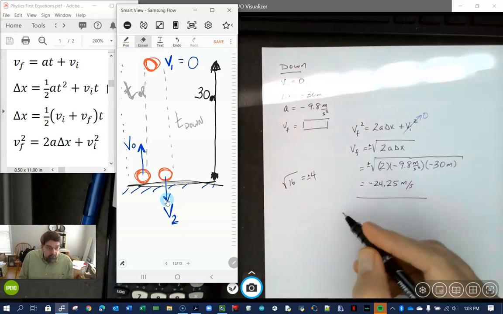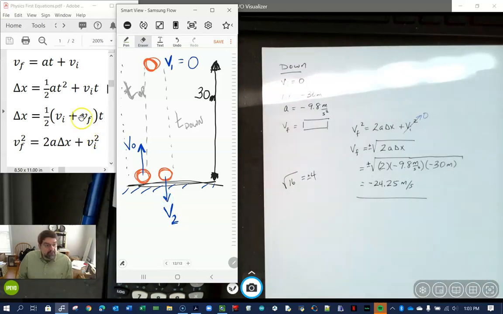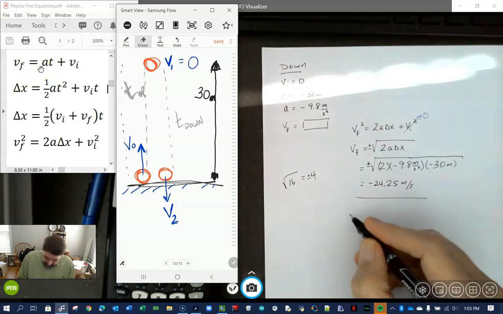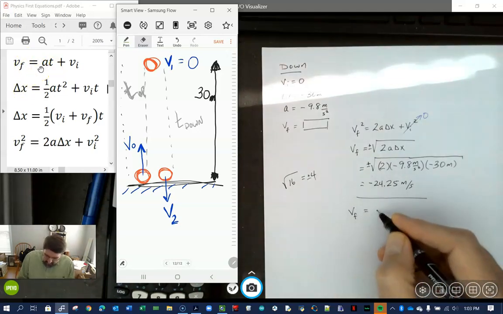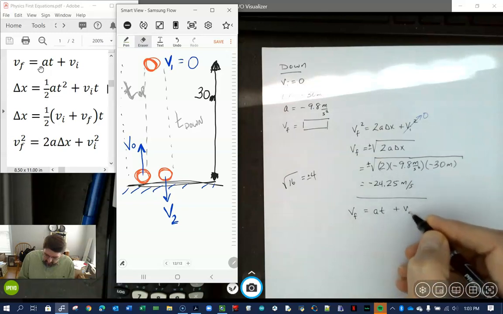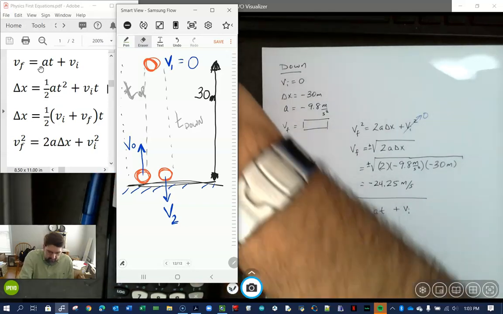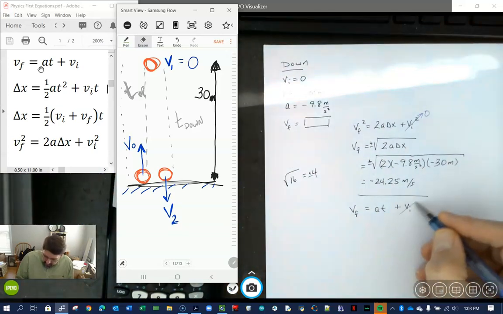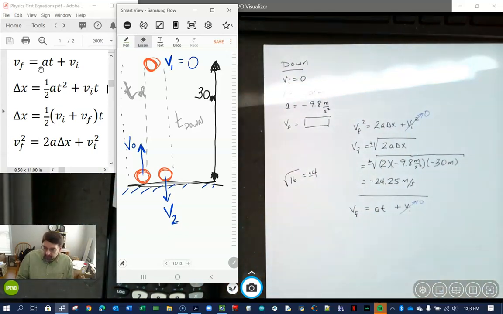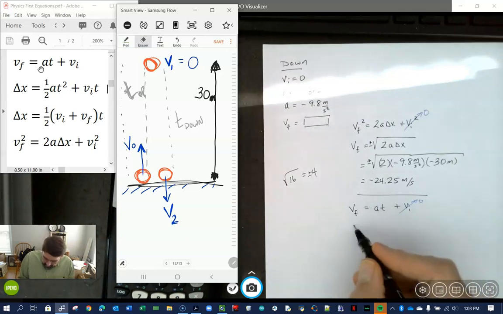All right, now that we know the final velocity, maybe the easiest thing to do is to play with this guy. Or if we don't want to use that, we could use any equation, but let's just do it. v final is equal to at plus vi. Again, the initial velocity is 0, so we can make that go away right away. We can solve this for time.